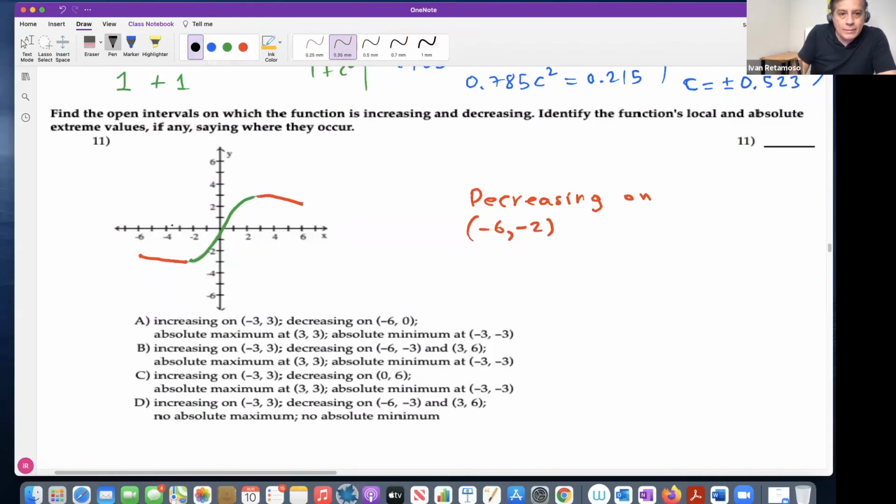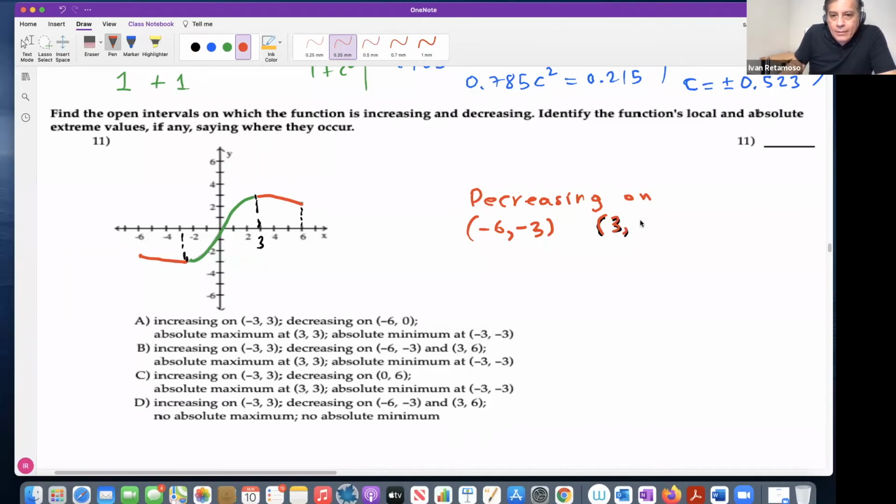So let's be careful there. Yeah, it's right there. So it should be till -3 then. Yeah, be careful. Yeah, then from 3 here, right? 3 to 6, decreasing again, right? 3 to 6. Now these are disjoint intervals, right?